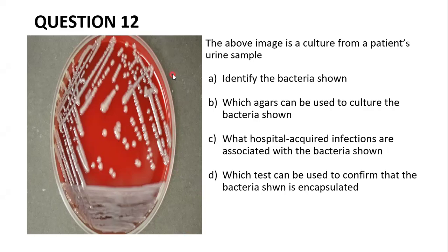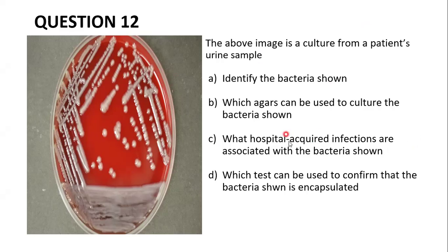Klebsiella. So which agars are used to grow Klebsiella? Considering it's a lactose fermenter, which one do we use? How do we grow our lactose fermenters? MacConkey, good. So you can use MacConkey, you can also use CLED medium, very good.